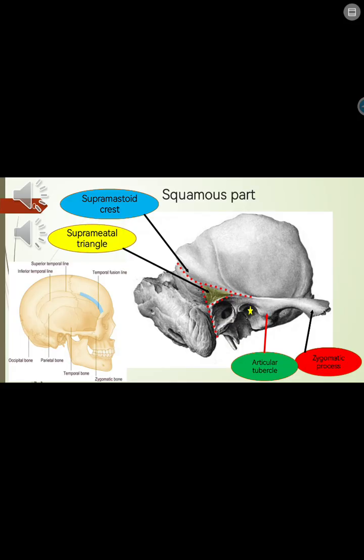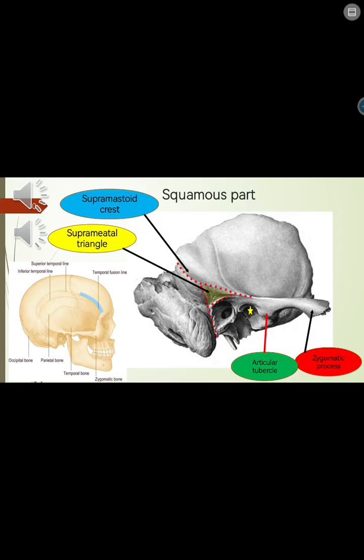Okay, and what about supramastoid crest? It is a crest that curves backward and upward across its posterior part, and I mean the posterior part of squamous part, and gives attachment to the temporal fascia.